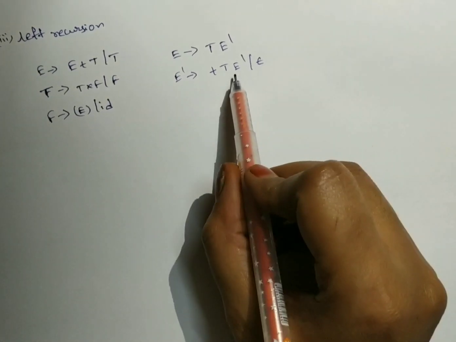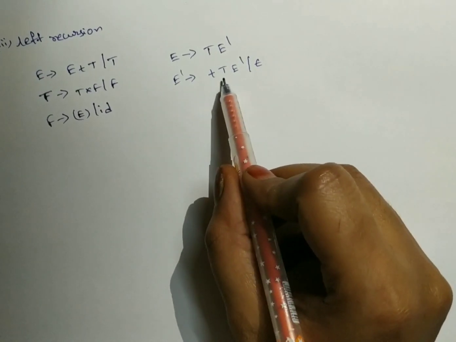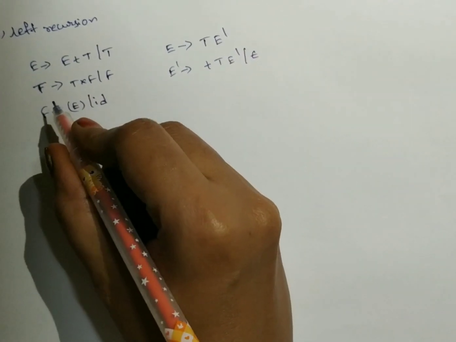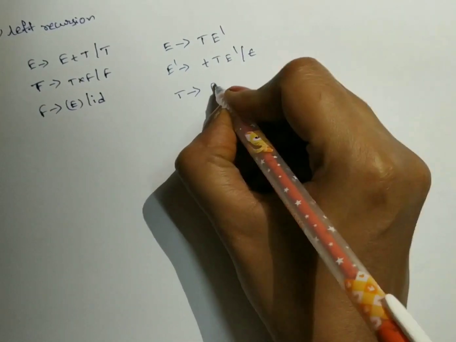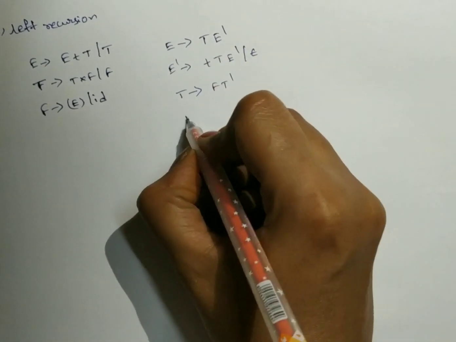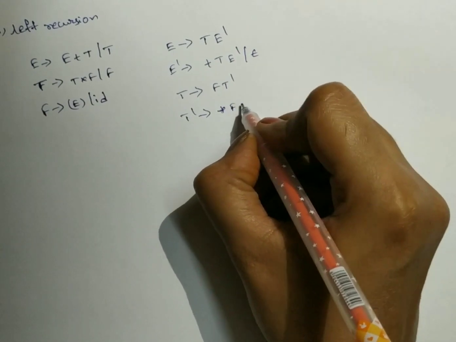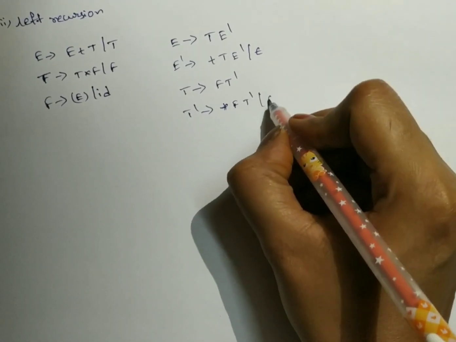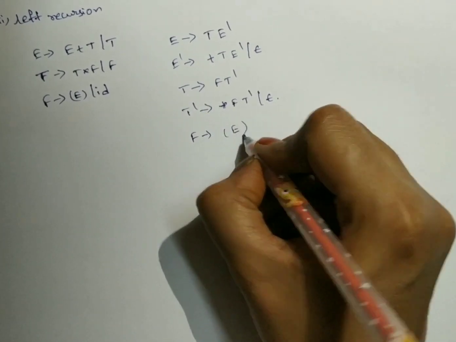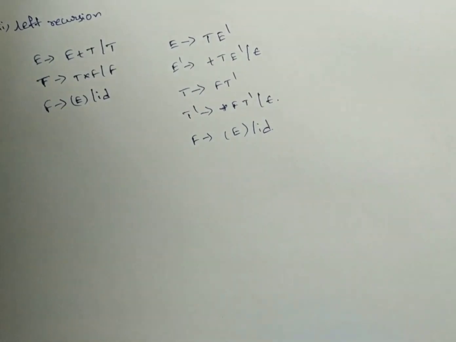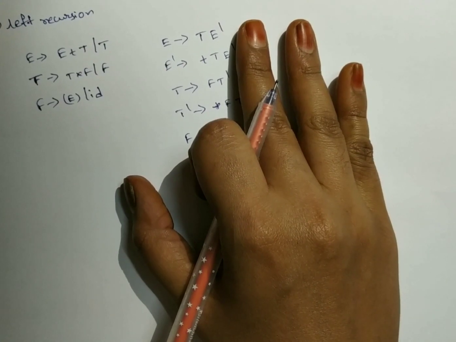If we place epsilon in this E dash, we will be having plus T. And in the second statement also we are having the left recursion, so I am considering T derives FT dash and T dash derives star FT dash or epsilon. In the third statement we are having a terminal, so I am considering it as it is. This is the grammar which we have obtained after eliminating the left recursion.